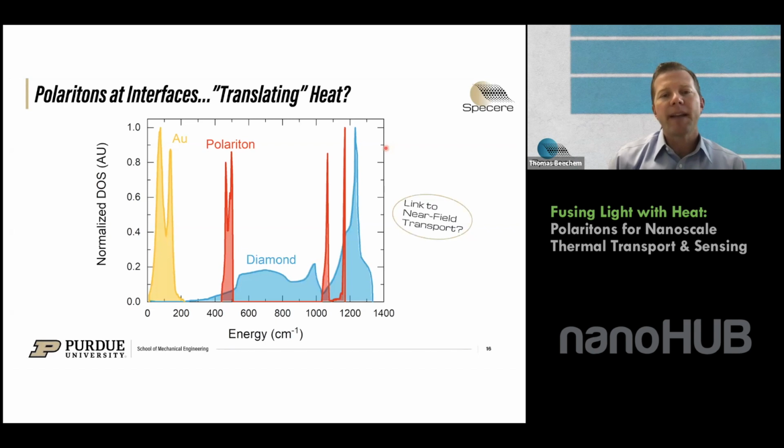You see that we get this plasma polariton that in effect bridges the two materials. And so the question is, could we use that as a way of moving heat? On some level, we can think of this as the limit to near field heat transport, where the layers are not separated by vacuum, but are actually touching each other.